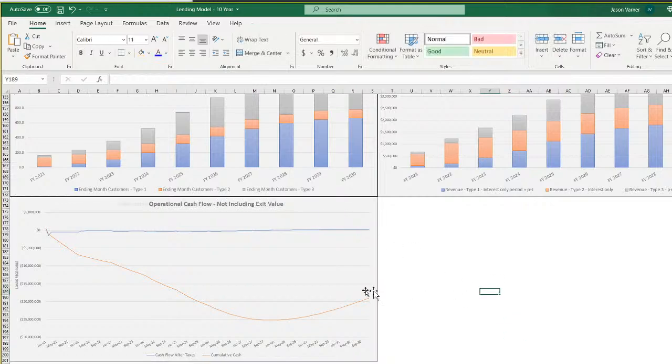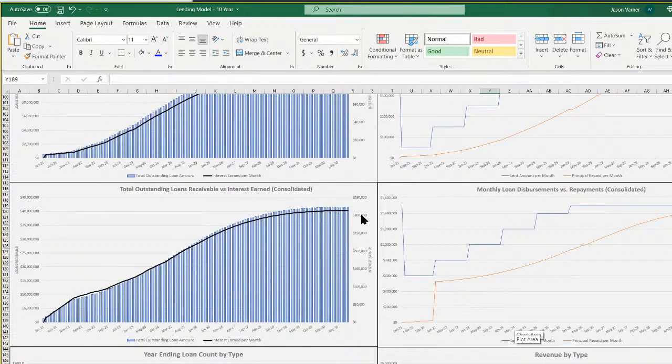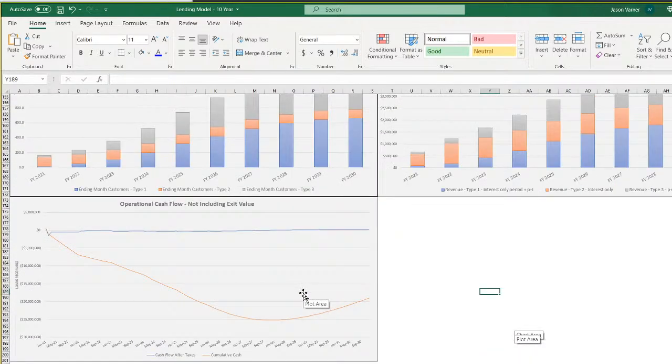Your cash position, you've got all this equity funding all this. You go down, you're starting to make money back, and then at the end of this year, our consolidated balance of loans is like 42 million, which is an asset, and that's greater than this.